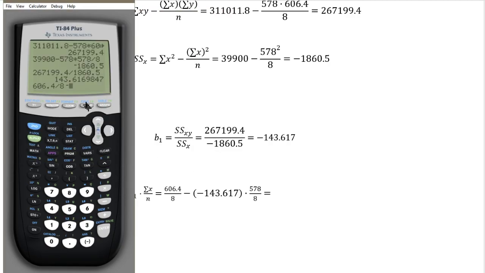So we can actually do plus 143.617 times 578 divided by 8, and that gives you 10452.